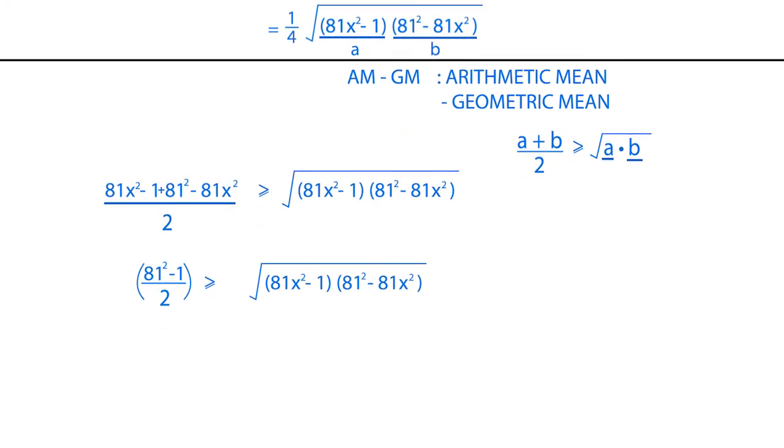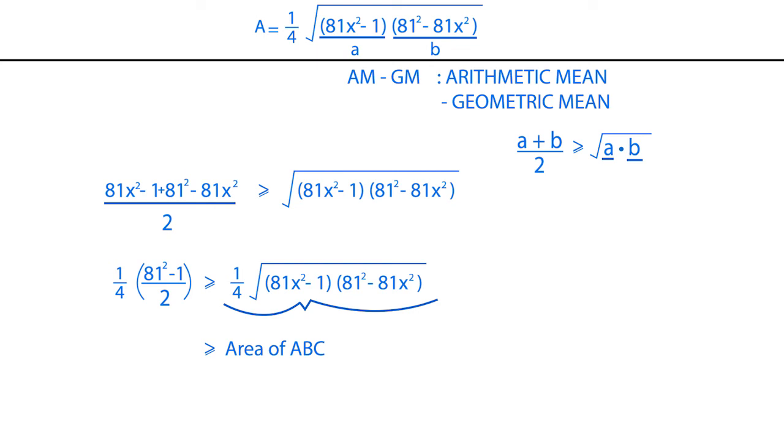Now if I put a 1/4 in front of it and another 1/4 in front of this, this now represents our area. It's exactly the same as what we had up there. So instead of this long expression, I can just put the area of ABC, and it's going to be less than or equal to 1/4 times (81 squared minus 1) over 2.